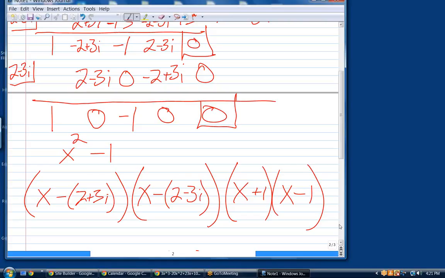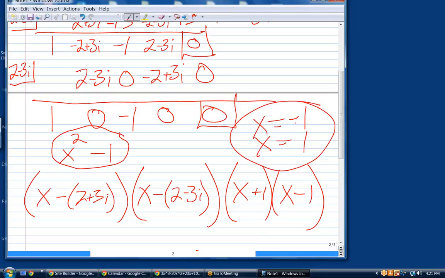Okay, Griffin? Okay. So did you get how we got to our final step there? Yeah. This resultant quadratic factored into x plus 1 times x minus 1. So our other two solutions are minus 1 and plus 1. Okay.